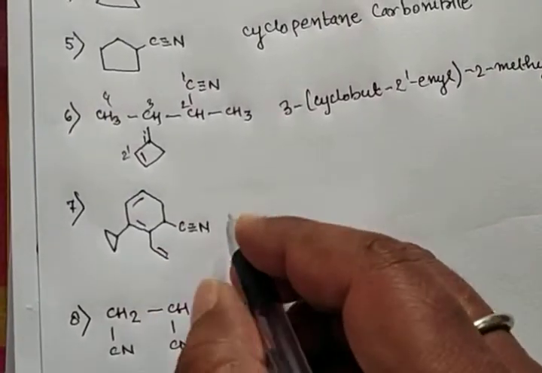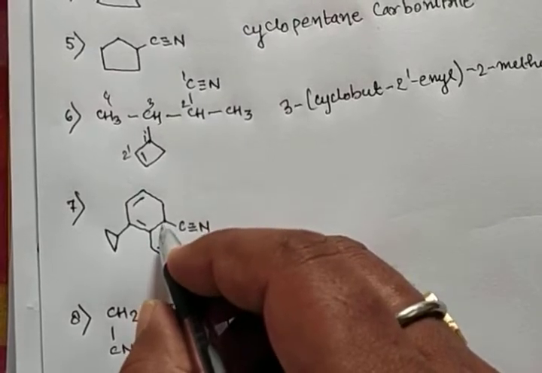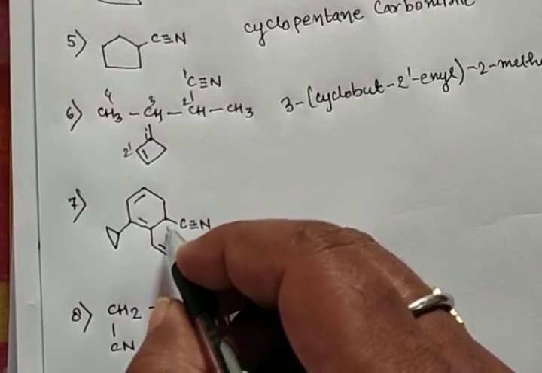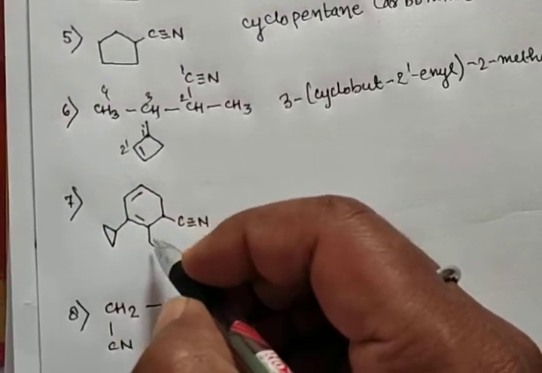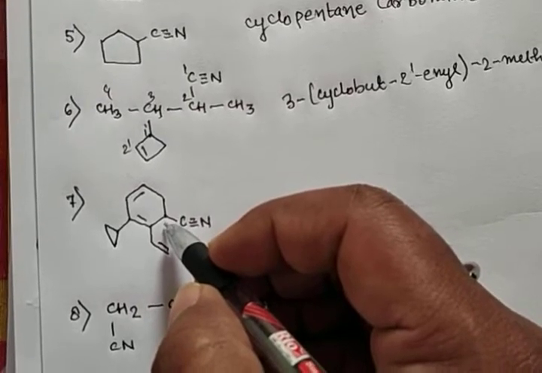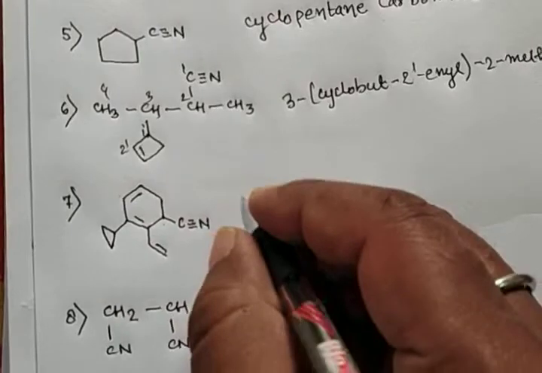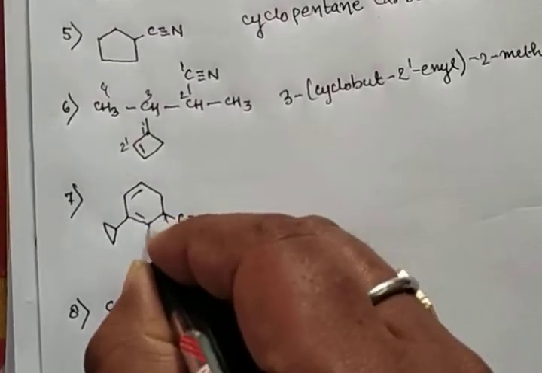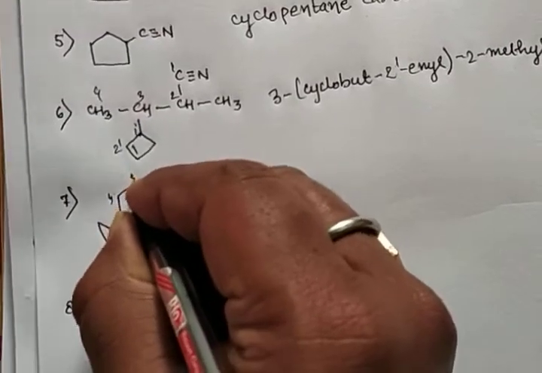Now the next structure is also important. CN is directly attached to the ring. First you consider this side, 1, 2. The functional group is there, so this is the main carbon, counting 1, 2, 3, 4, 5, 6 from that side.